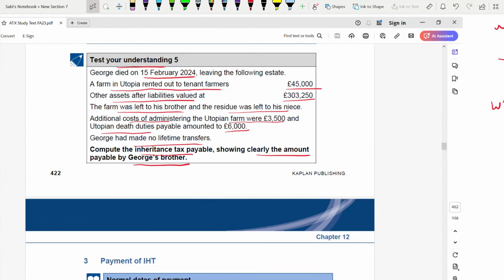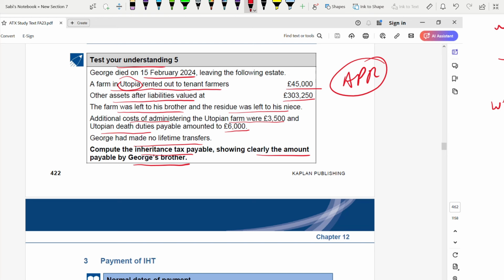Immediately one might think of APR and you will apply this. But think, APR is not on worldwide assets. It is only where it is situated in UK, EEA, Channel Islands or the Isle of Man. But this is situated in Ethiopia. So you will not get APR as it is not situated in UK or EEA or the Channel Islands or the Isle of Man. Be very careful. It's Ethiopia. It's a different country. So no APR.